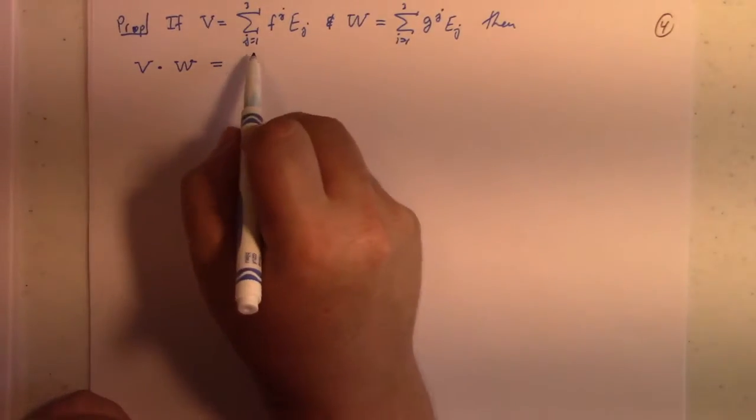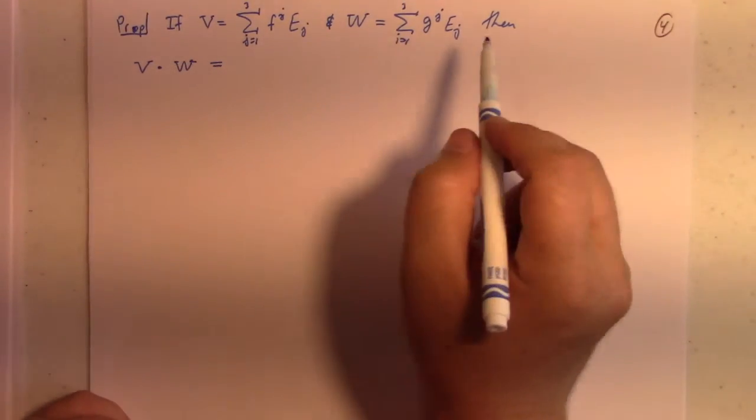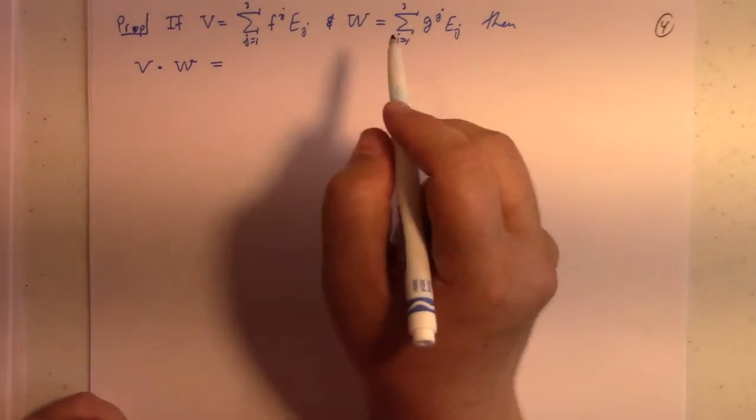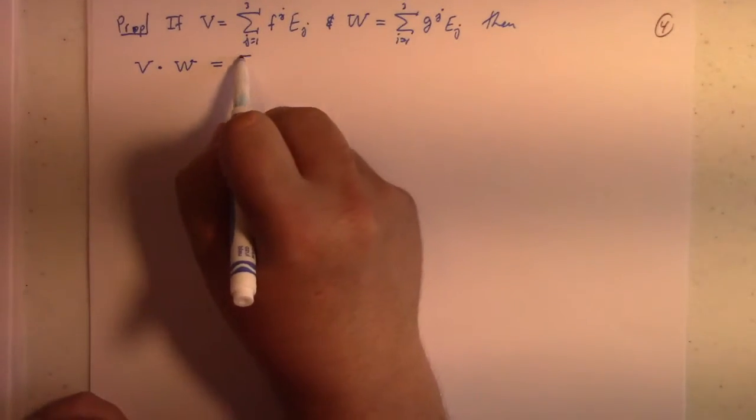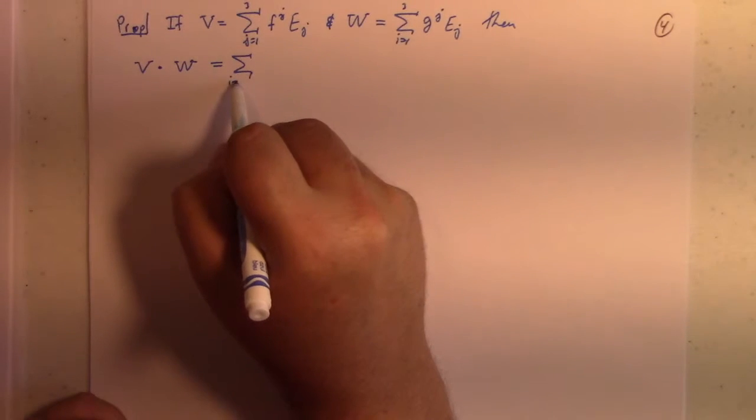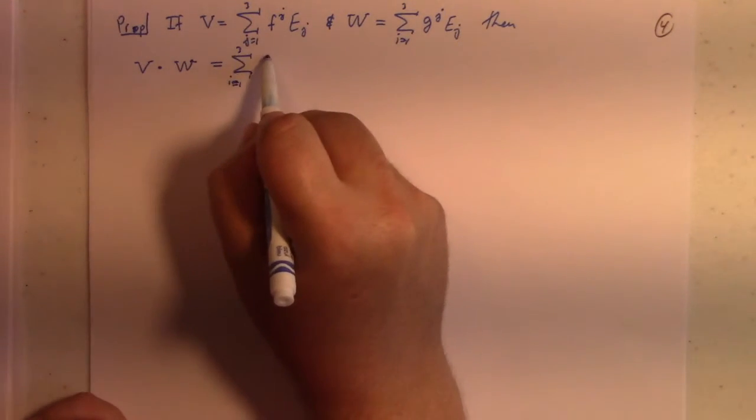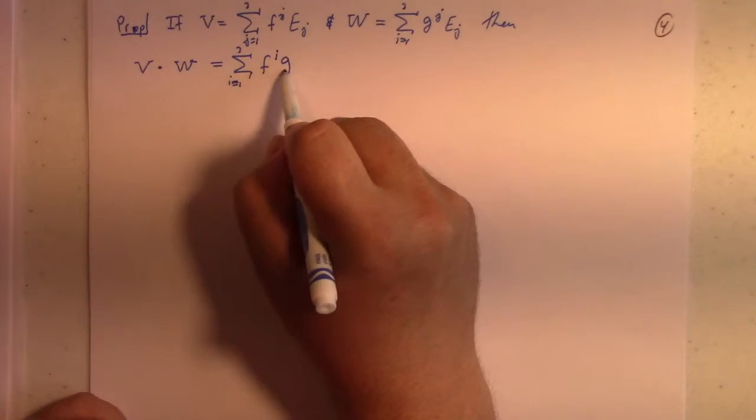So the analogous thing to the dot product for Cartesian coordinates. It's equal to a sum i equals 1 to 3 of f upper i, g upper i.